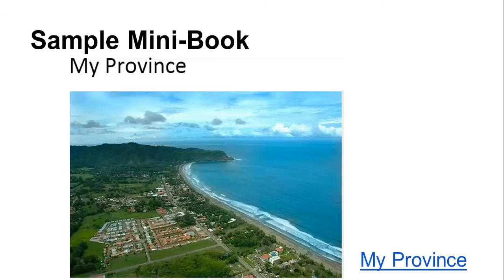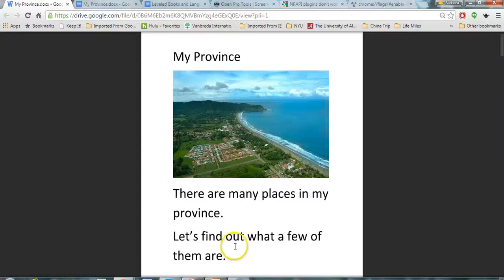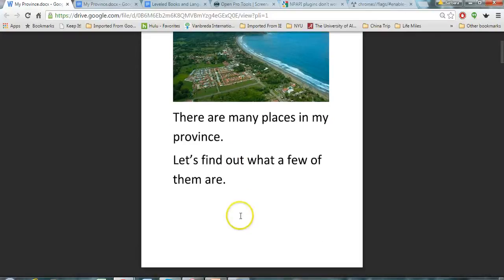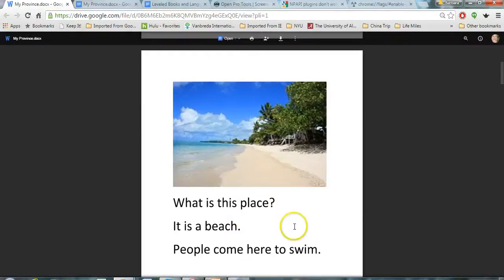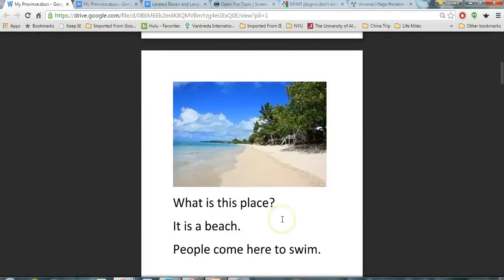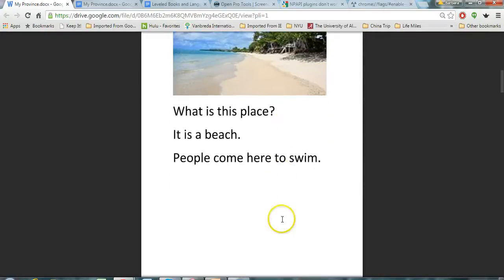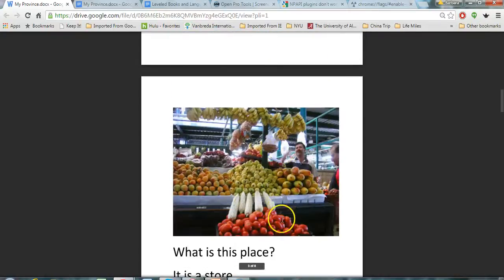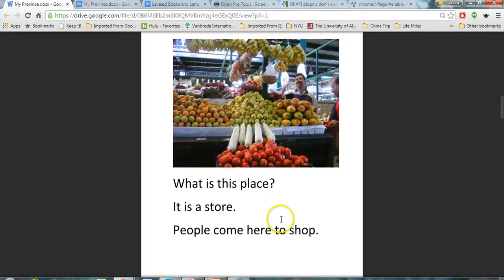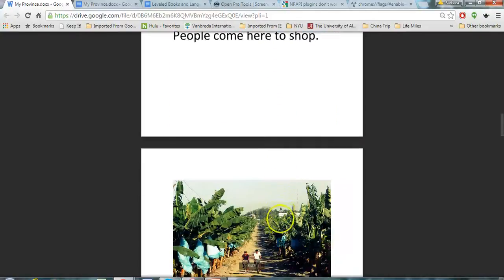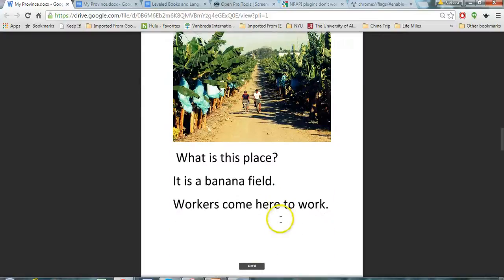Here is a sample mini book. My province. There are many places in my province. Let's find out what a few of them are. What is this place? It is a beach. People come here to swim. What is this place? It is a store. People come here to shop. What is this place?